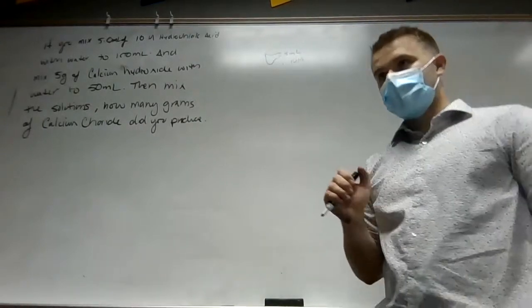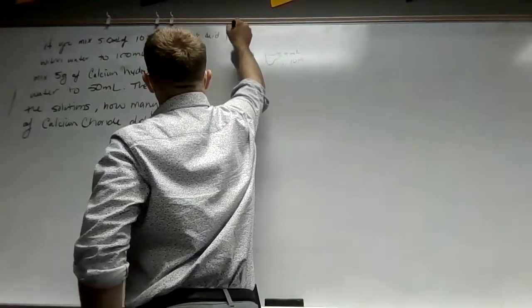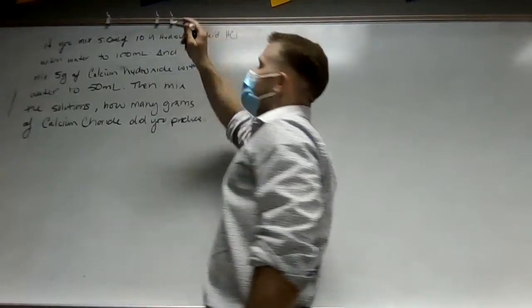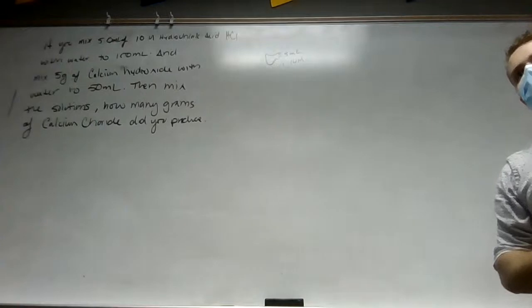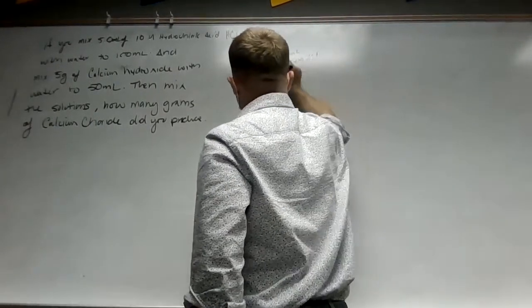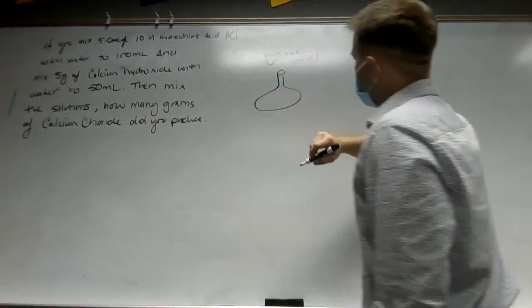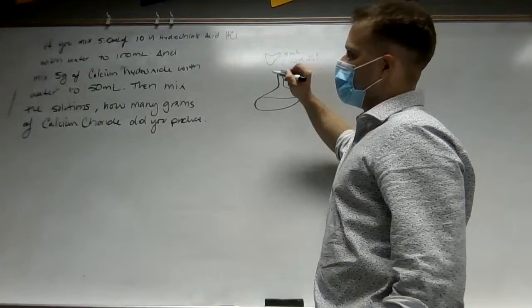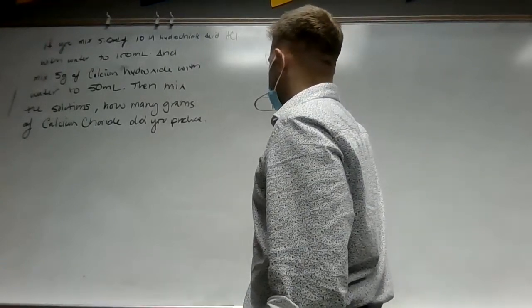HCl. Remember, if it's hydro-something, it's just the ion, not one of the polyatomic ions. So HCl. And we're adding that to a total volume of 100 ml of water.